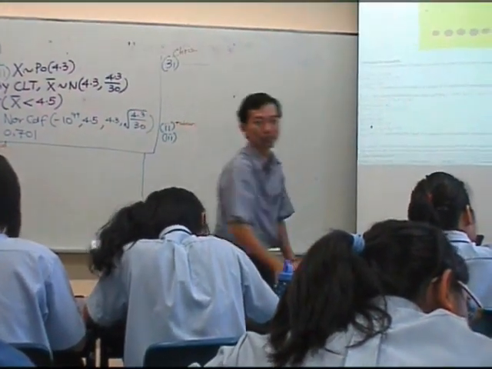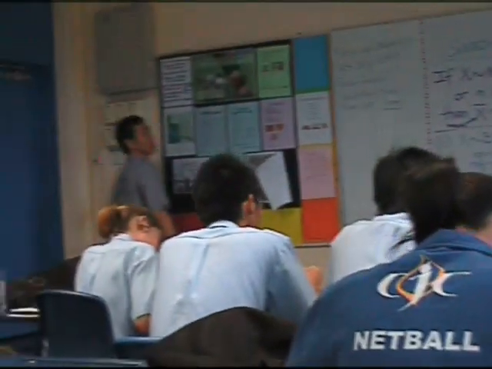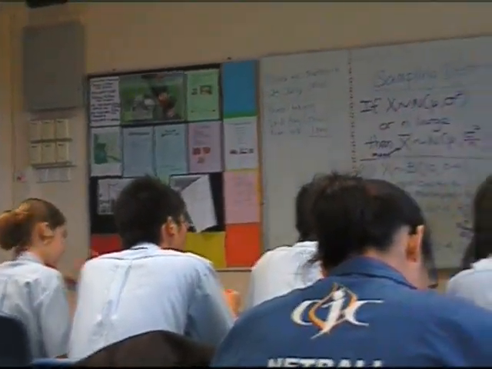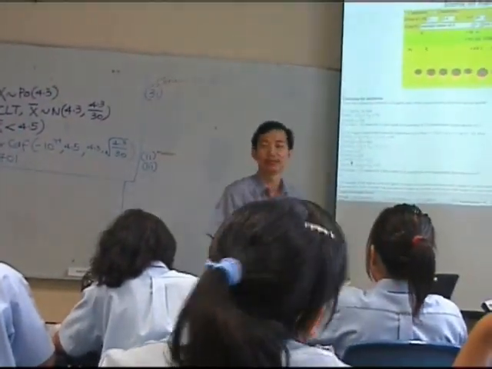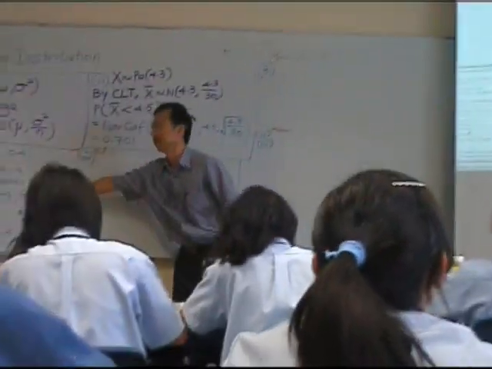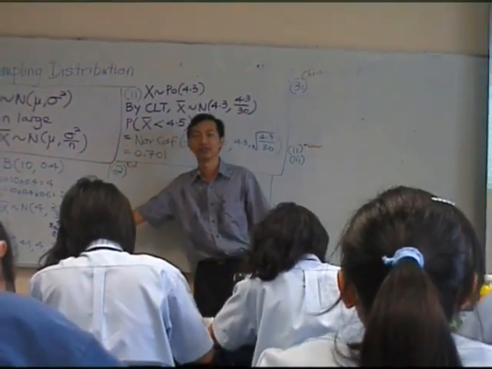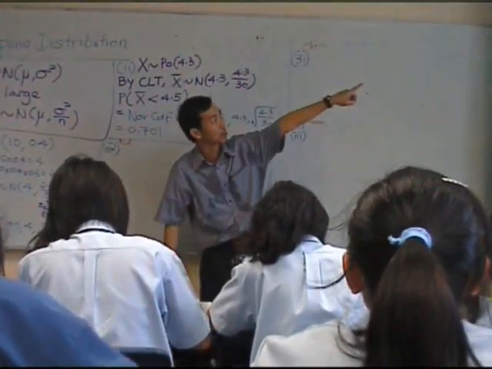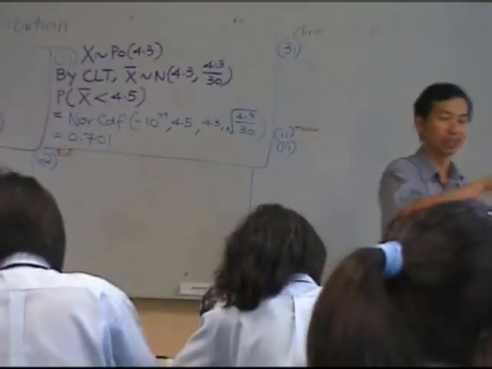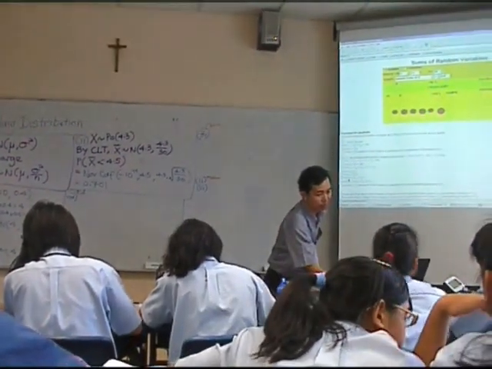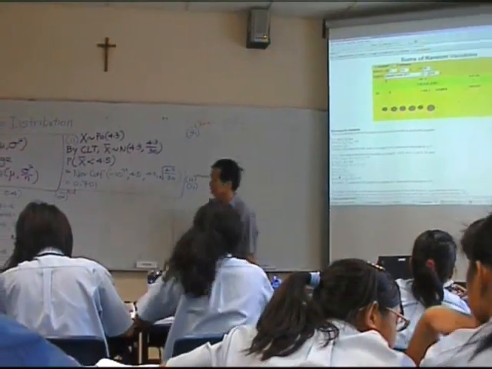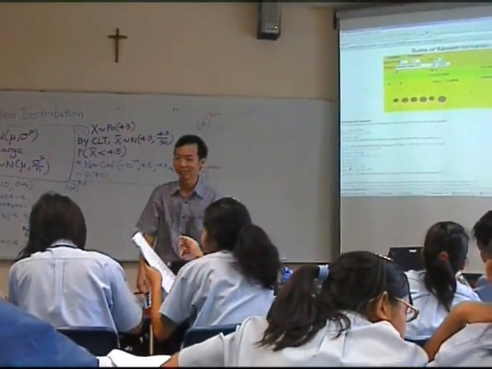Straight away I write down the mean and the variance. The mean is 4, the variance is 2.4 divided by 30, then I get 0.08. That's my working. Then I press the calculator to find the probability that x bar is less than 4.5, and I get 0.961. That's how you do this.